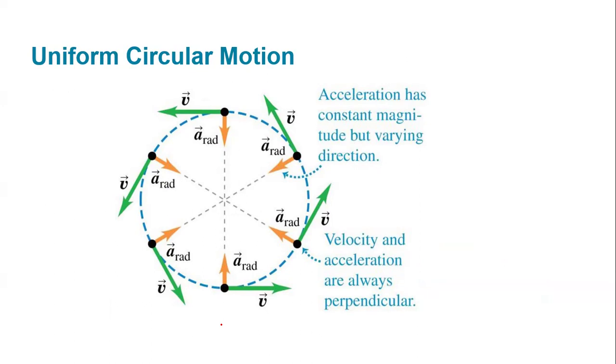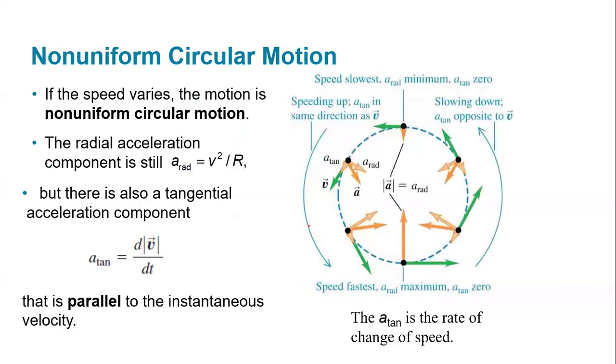So in uniform circular motion, acceleration has constant magnitude but varying direction. The velocity and acceleration are always perpendicular. Okay. If the speed varies, we call that non-uniform circular motion.